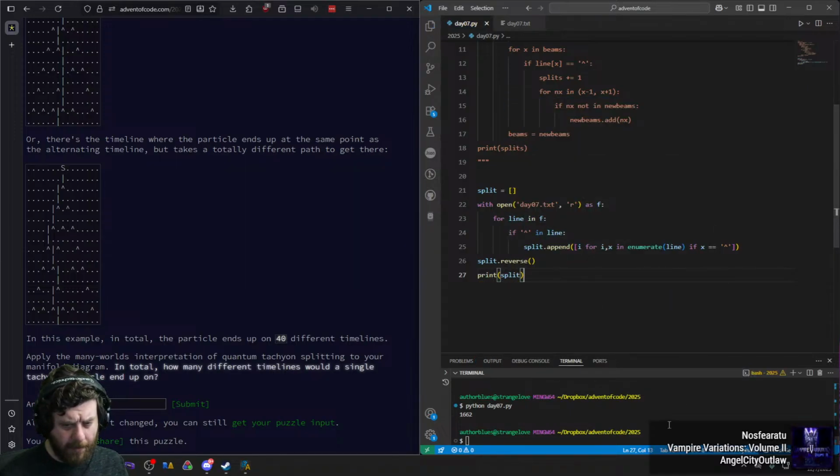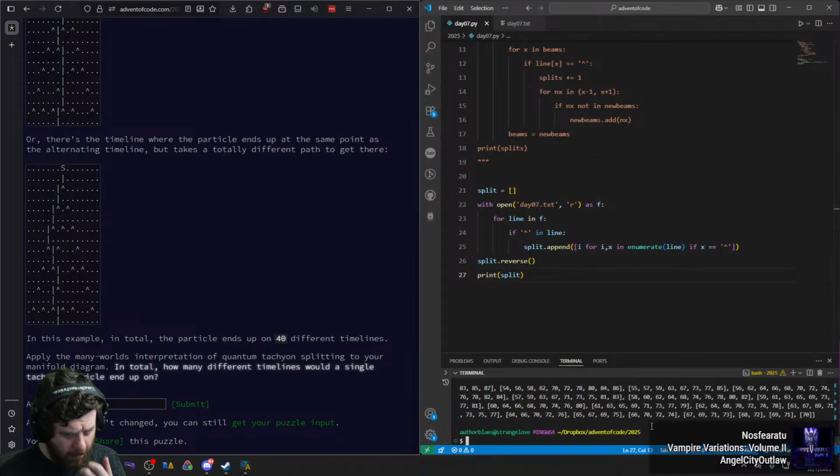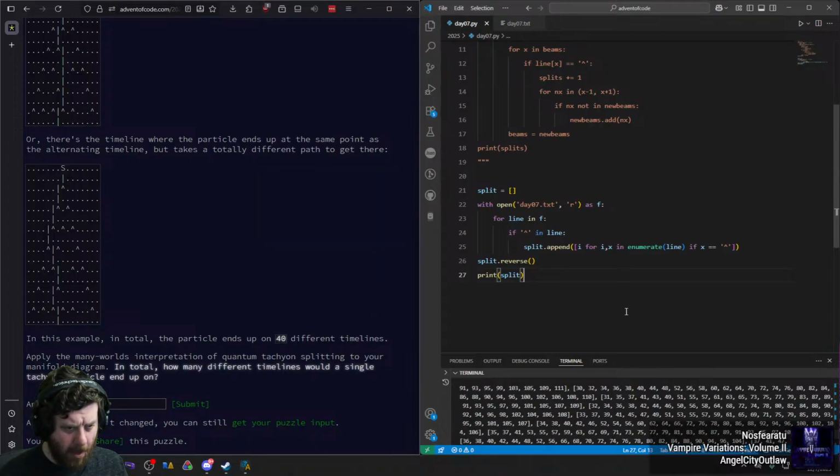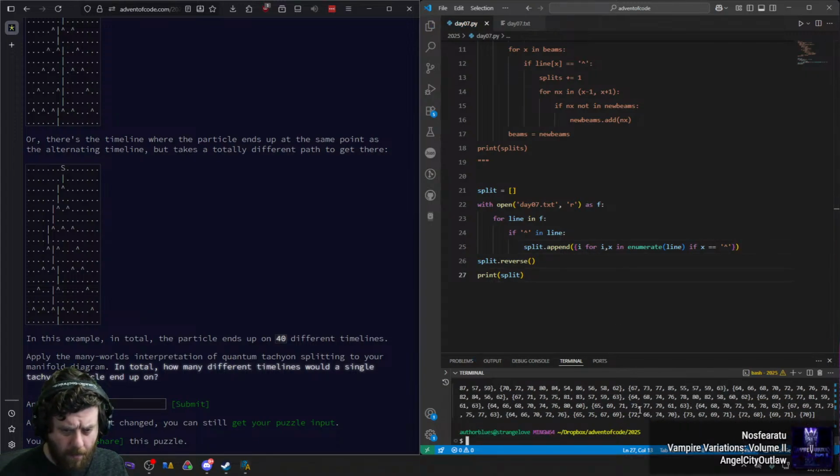Okay, let's see where we're at there. Yes, so I want to go from the bottom up, I think. I want these to be sets, I think. Okay.